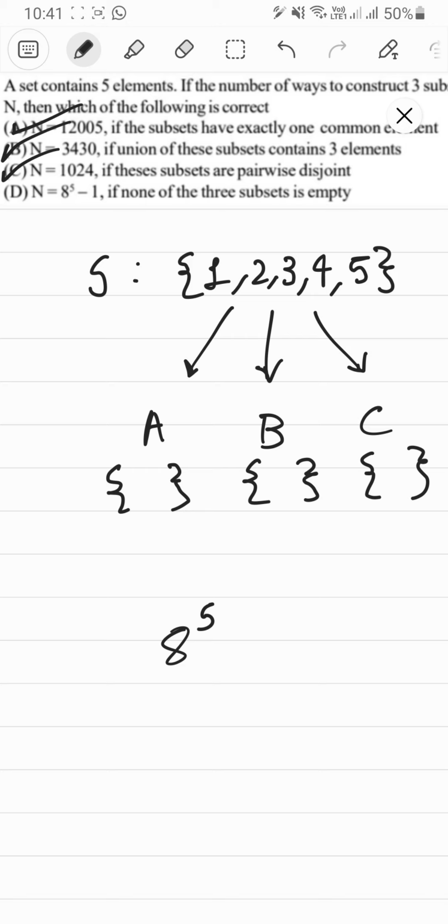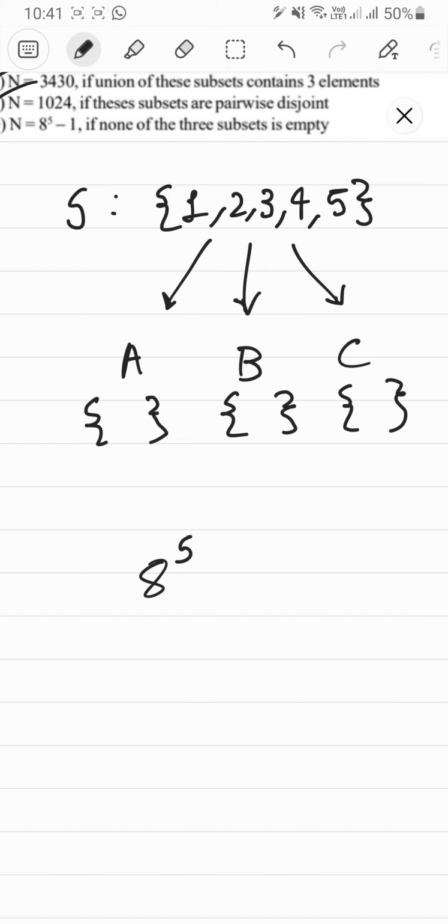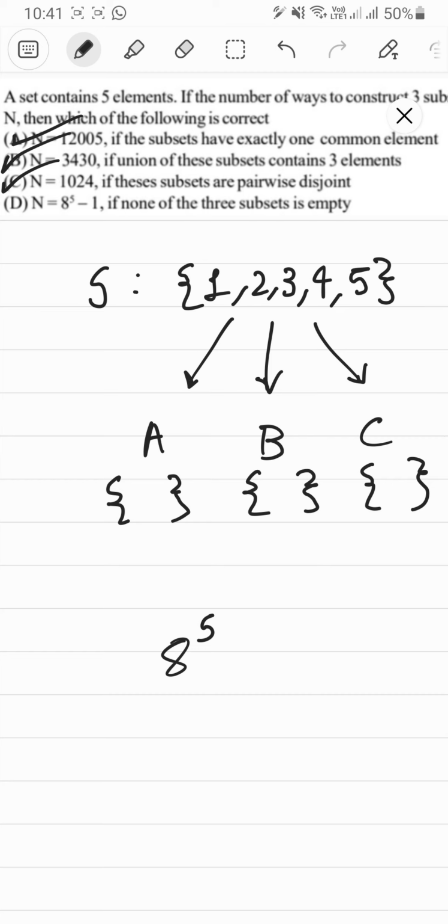Now none of the three subsets is empty, right? So 8 power 5 is the total number of ways to distribute, I think. Yeah, this makes sense, I guess. Or you could also look at what's actually happening to A, B and C and not what's happening to the elements.